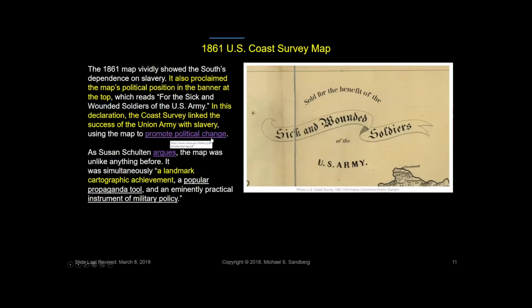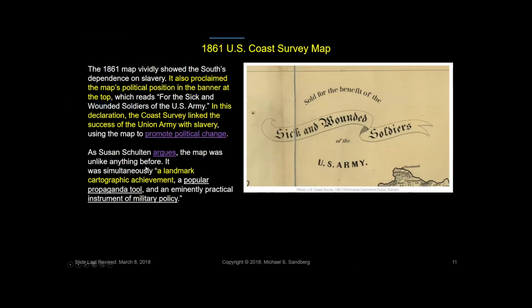By marketing or framing the map in this way, it was also used to help promote the political climate. We're letting you know that you buying this map and looking at this map, you're helping the Union troops out. You're helping our guys fight the war, win the war, and have money to continue to fight the war.